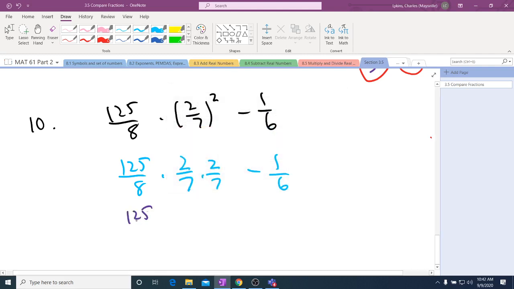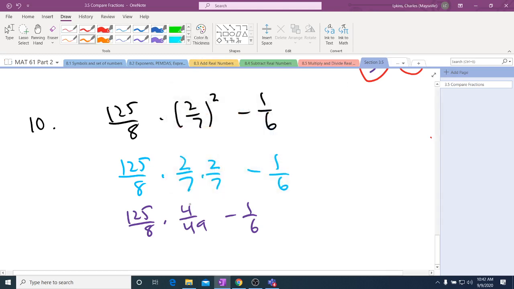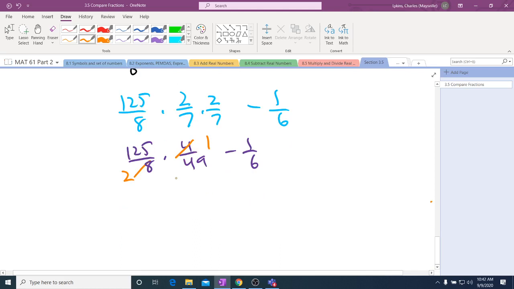Now I've got 125 over 8. 2/7 times 2/7 is 4 over 49. I know 4 goes into itself one time. 4 goes into 8 2. So 125 times 1 is 125. Over 2 times 49 is 98.